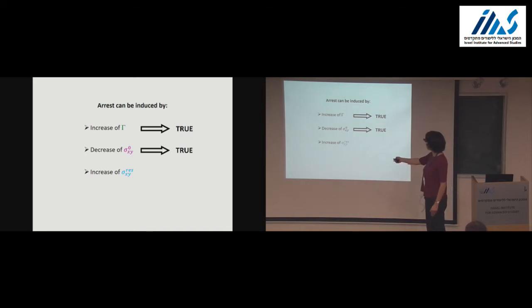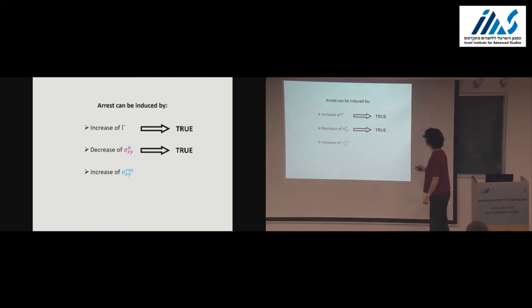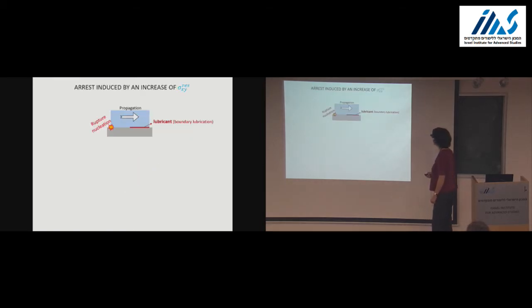The last one, what about an increase of the residual stress? Again, we use the lubricant, because it will reduce the residual stress. In the previous experiment, we applied the patch of lubricant on this side. It was boundary lubrication, and we got the nucleation in the dry part.